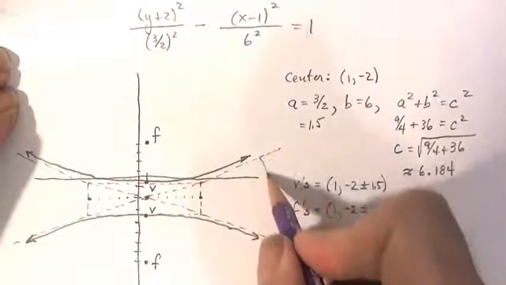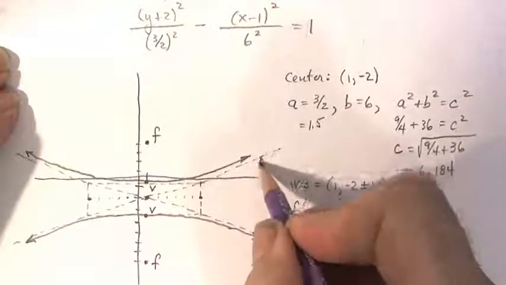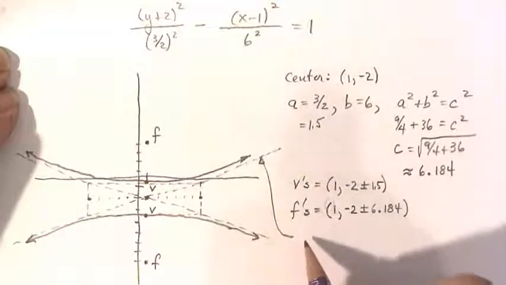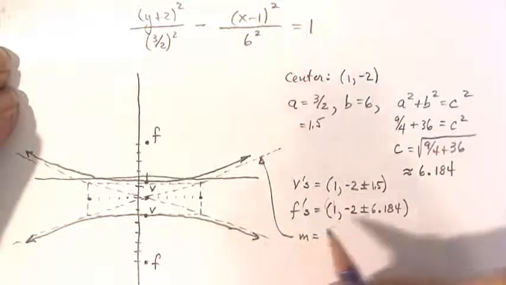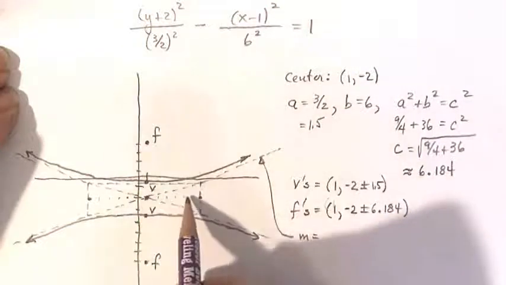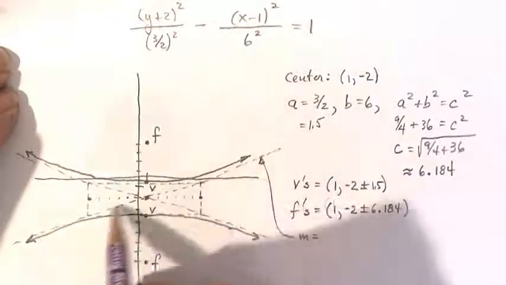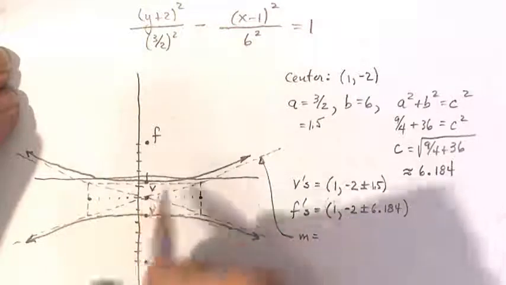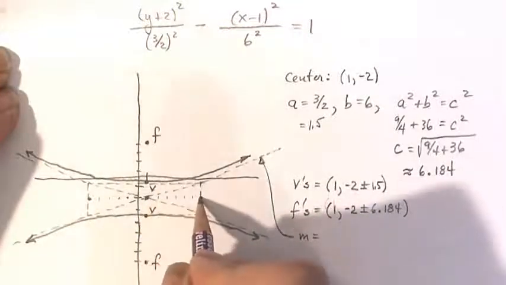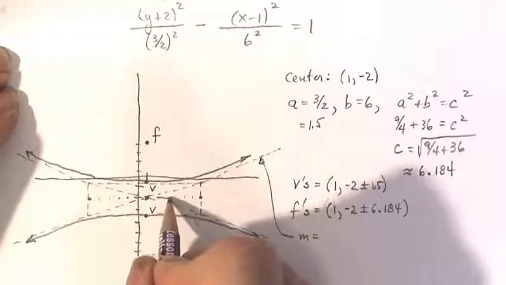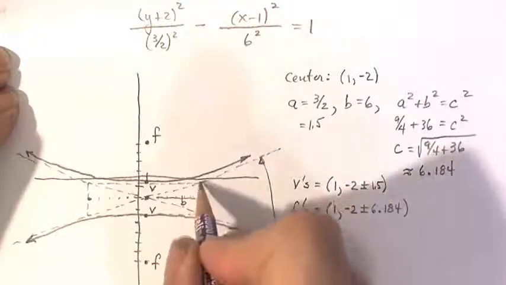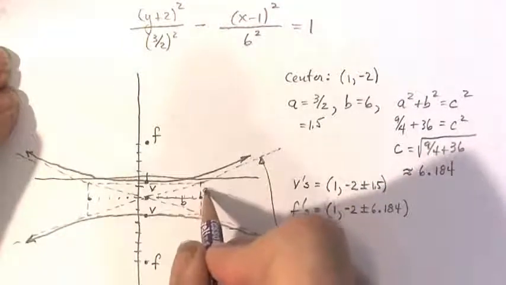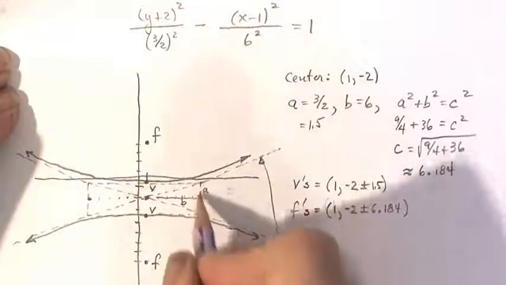Another thing that you might be asked for is the equations of the asymptotes, and the slope of this line will be given by your a's and your b's. You'll notice the line goes through the center, and this distance right here, which was the b, will be your run, and this distance from here to here, which in this problem was the a, will be your rise.